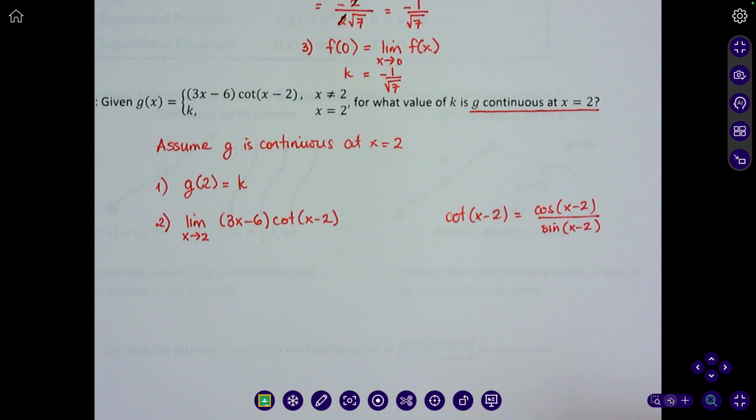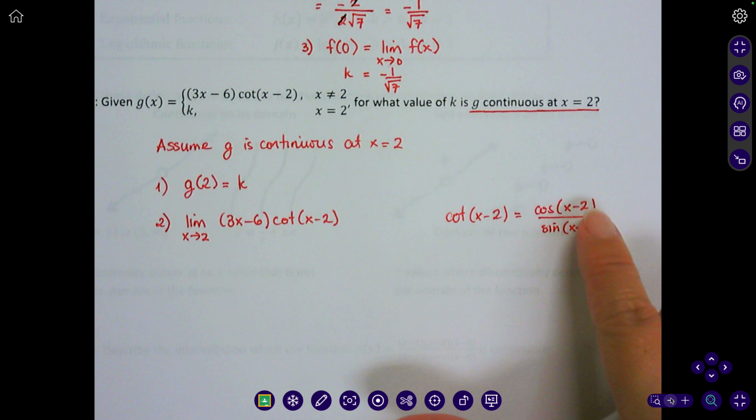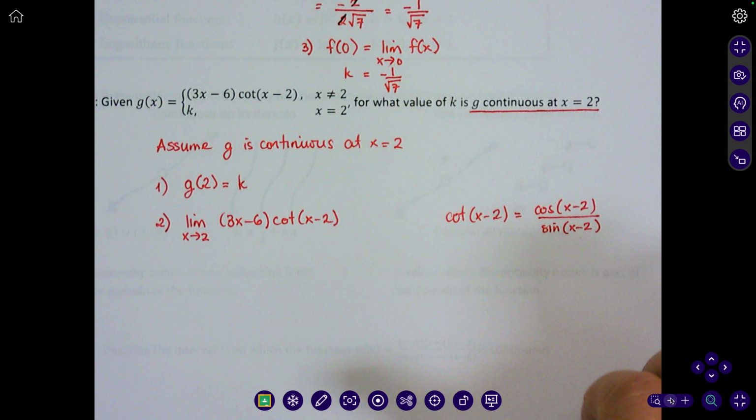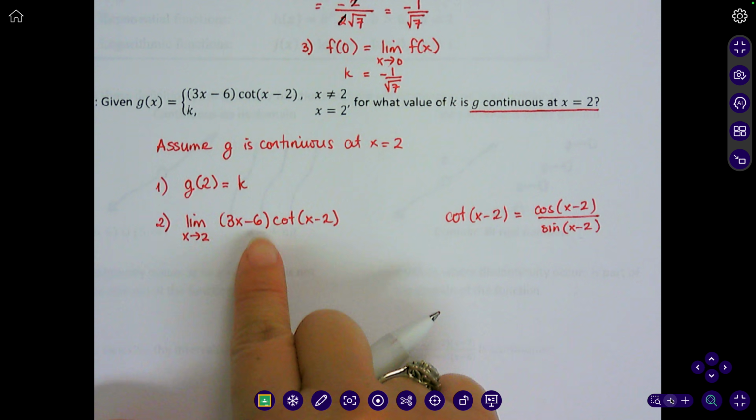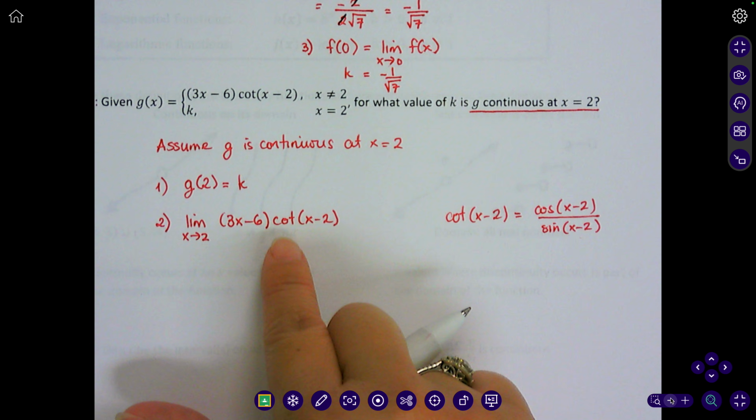What is it? It's 0. So we have a problem because cosine of 0 is 1, but 1 divided by 0 is going to be undefined. Do you guys see that? So now that won't work for us. So I need to find a way to rewrite it so that I don't have that situation.